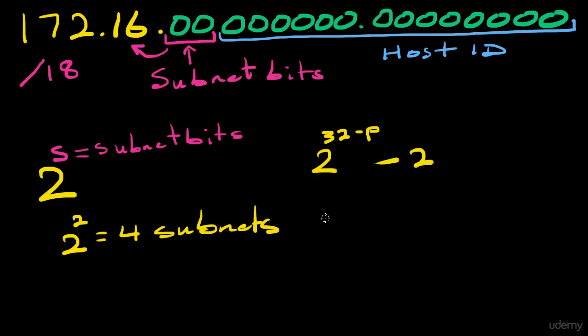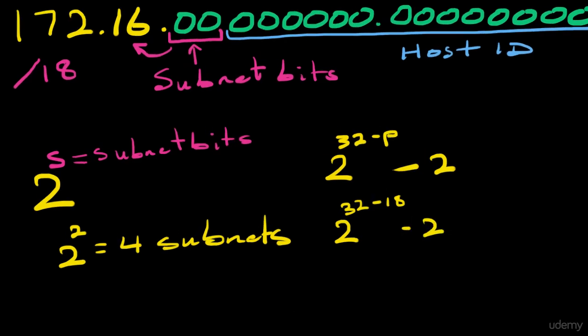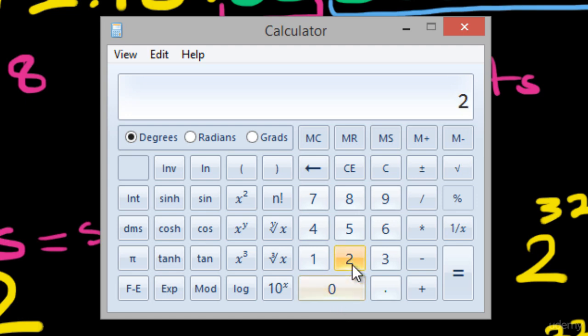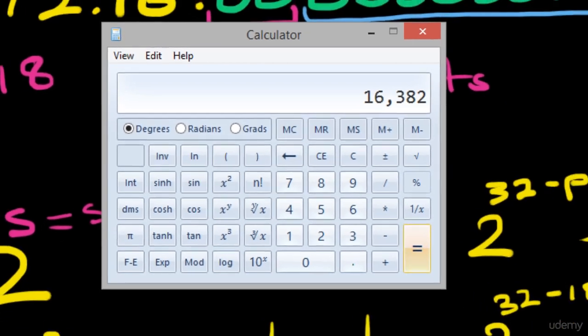In this case, applying that, it would be 2 to the power of 32 minus 18, minus 2. Let's use the calculator here. 2 to the power of 32 minus 18 is 14, equals that, minus 2 is 16,382.